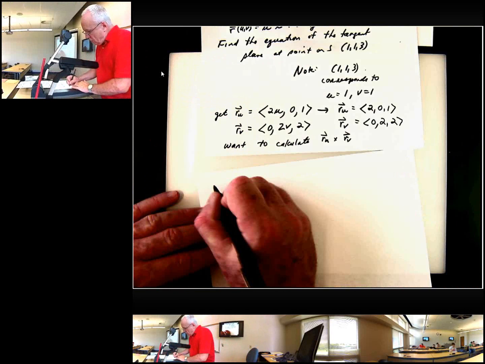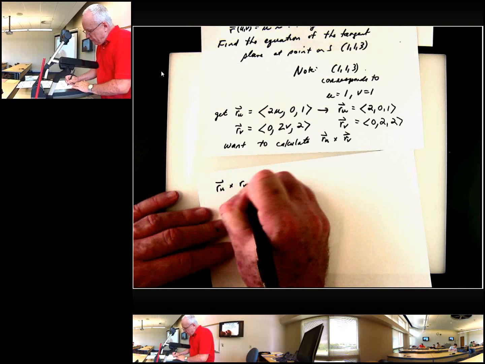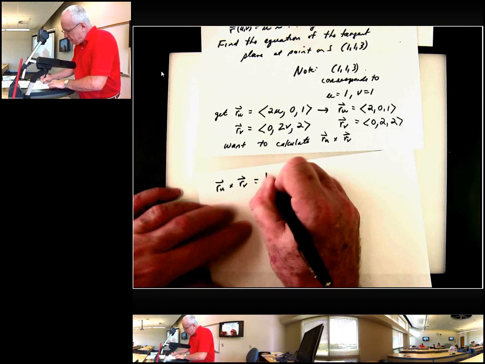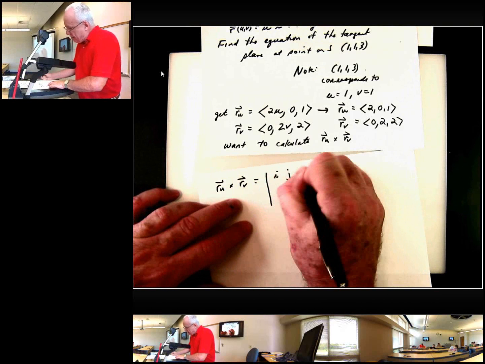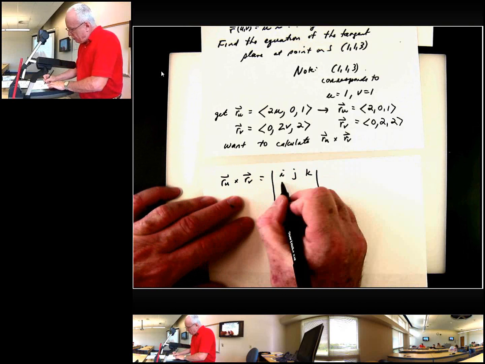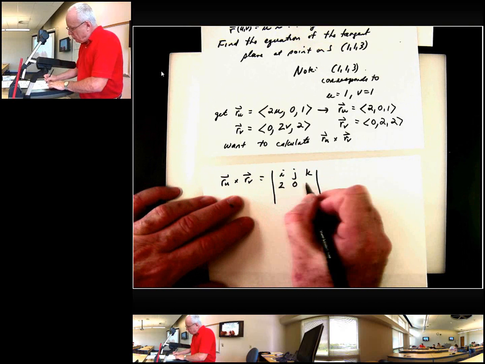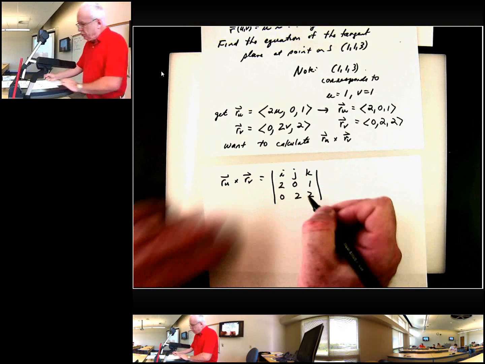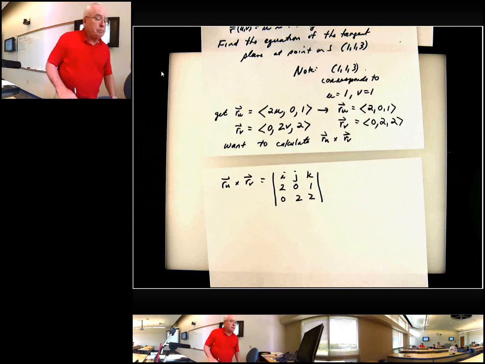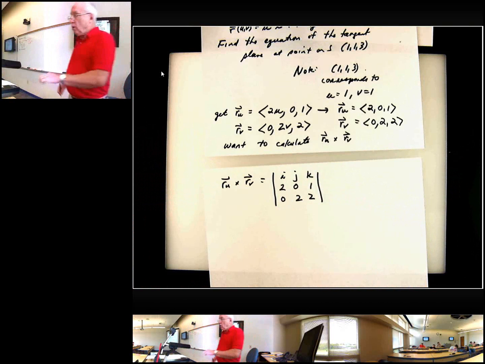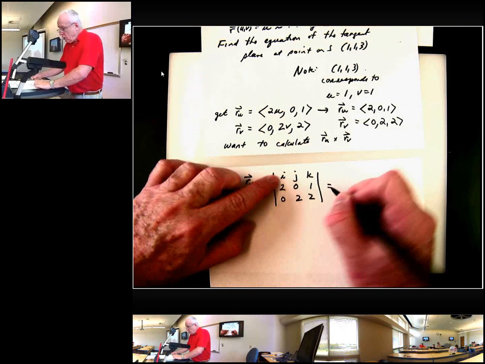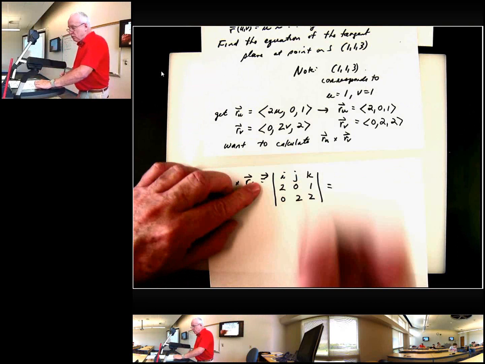Okay. So r_u cross r_v. And remember how we do this. We do i, j, and k, and then plug in our components 2, 0, 1, and 0, 2, 2, and we do the determinant. With the determinant, we go across the first row.